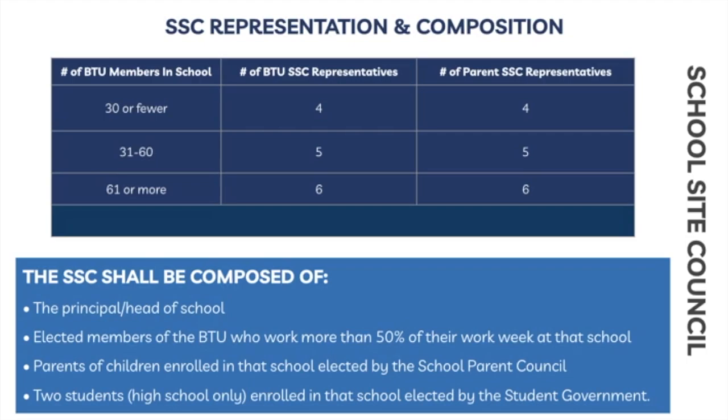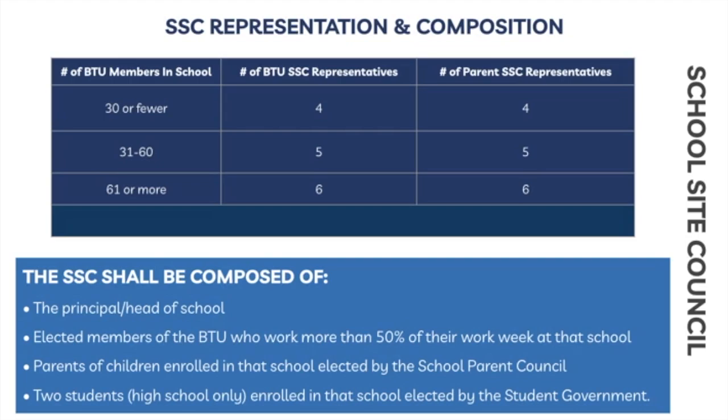It should be composed of the principal or head of school, the elected members of the BTU, or the school site council staff side, who work more than 50% of their work week at that school, parents of children enrolled in that school elected by the school parent council, or SPC, and at the high school level, 2 students that are enrolled at the school, and they should be elected by the school government.